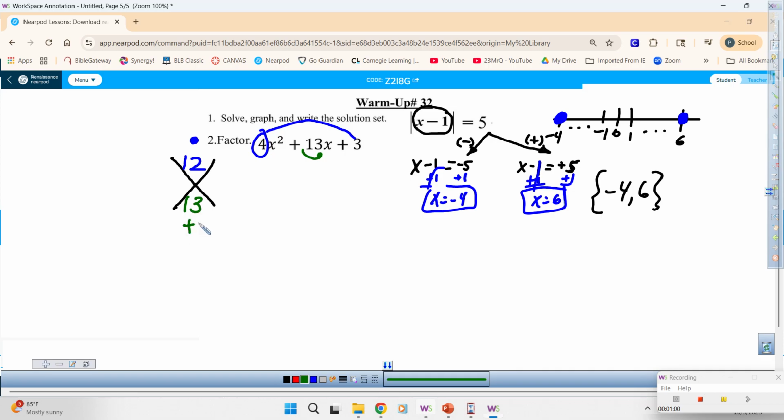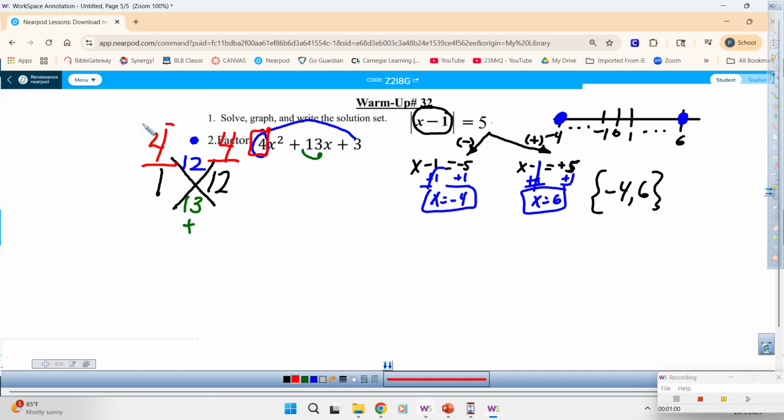So what 2 numbers multiply to give me 12 that when you add them give us 13? 1 times 12. Is that correct? 1 times 12 is 12. 1 plus 12 is 13. However, since we have the 4 in the front of this trinomial, we write that above each of these numbers.